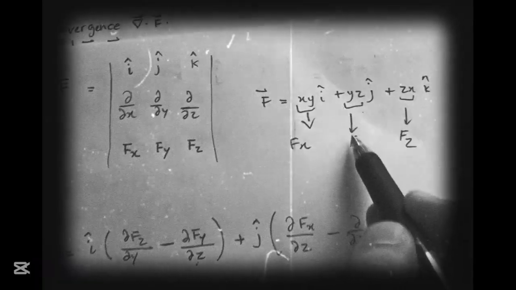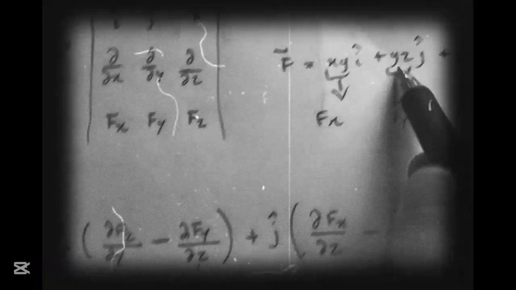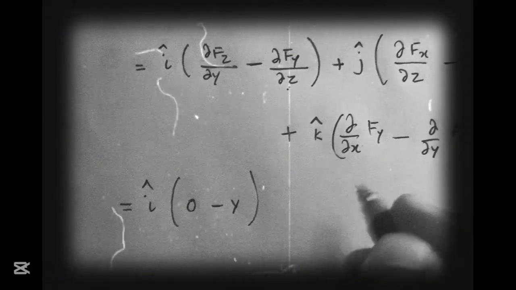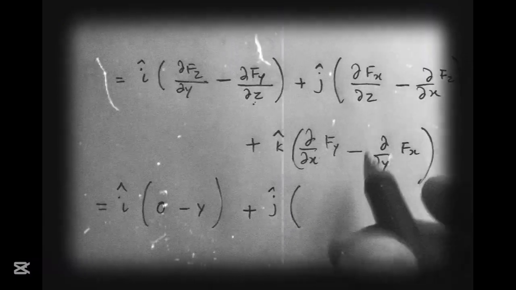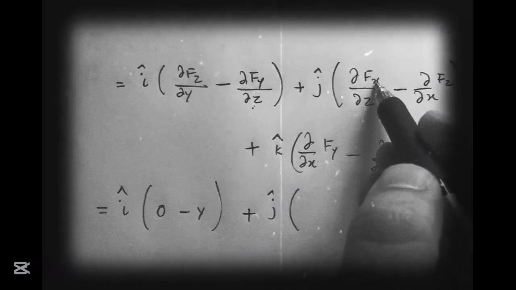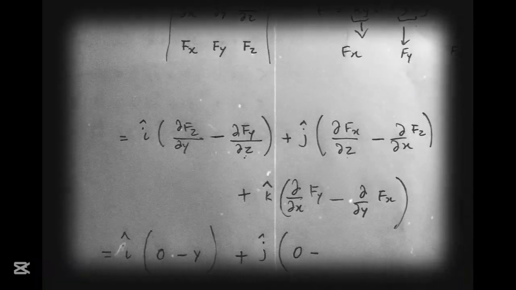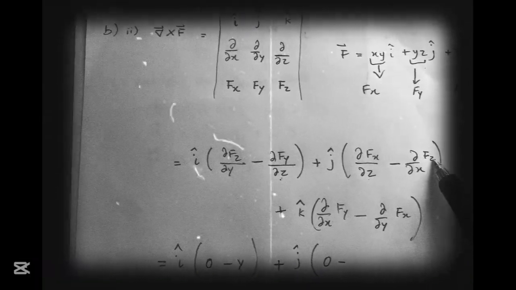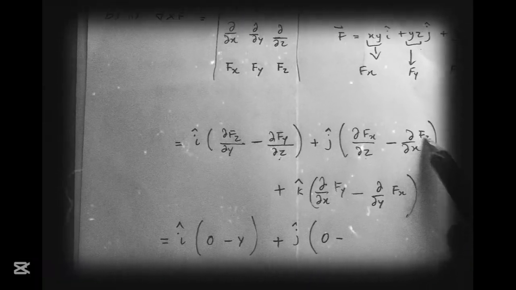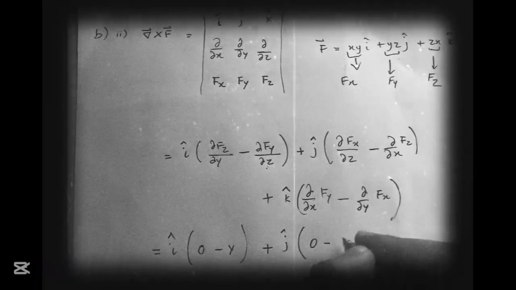This quantity will give me y, right? Similarly over here, with respect to z it's again 0 because I don't have z over there. And then if I take the partial derivative of fz with respect to x, it will give me z.